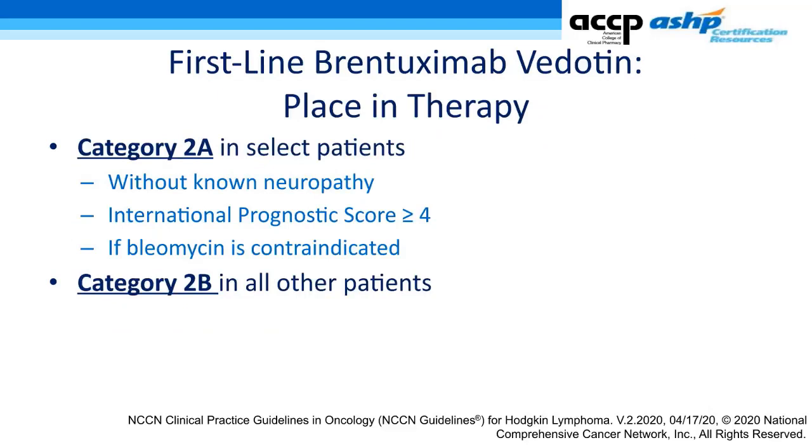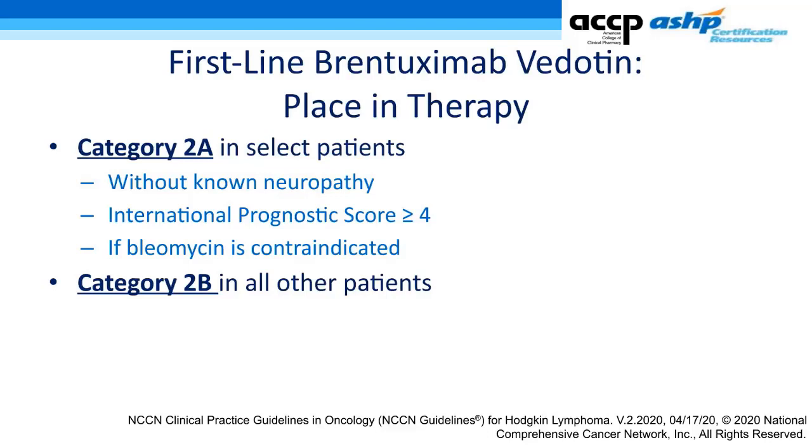So NCCN's recommendation for the A plus AVD regimen is that it's a category 2A recommendation in select patients only. Patients you may consider would be patients who have no known neuropathy at baseline, given the higher incidence of peripheral neuropathy in that treatment arm.